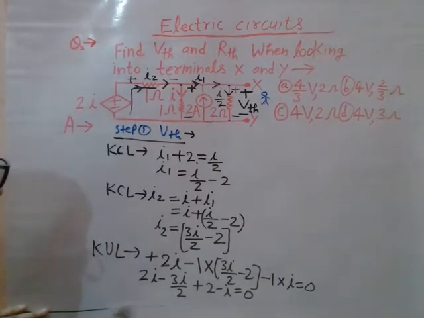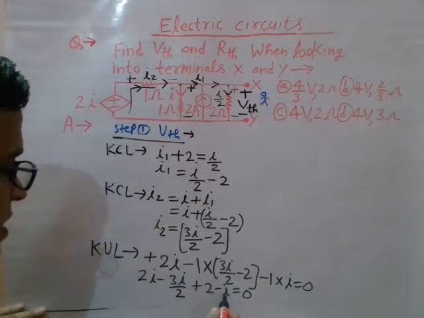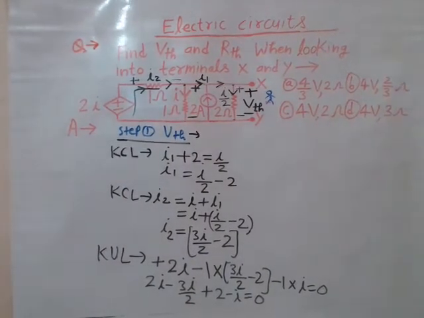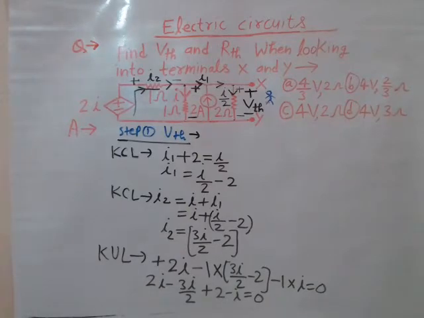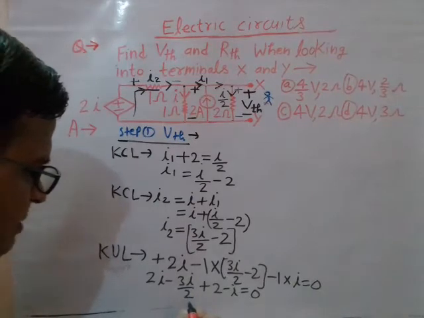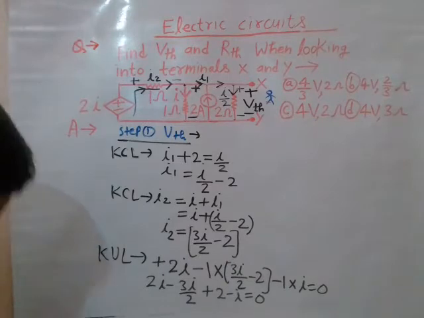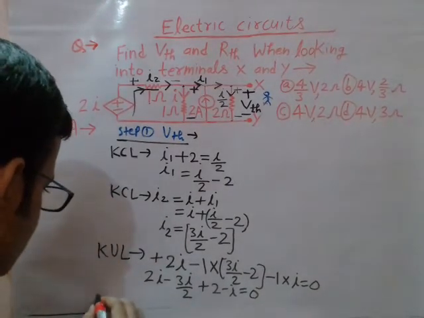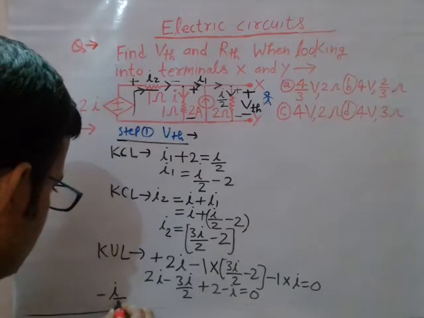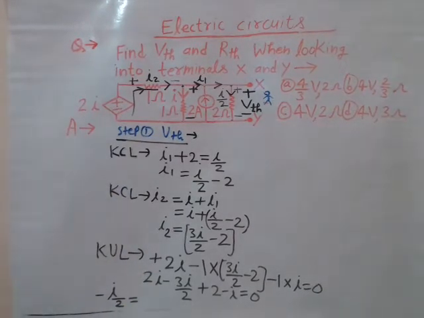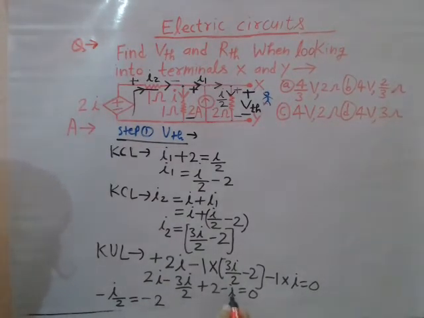Or you can solve this: 2I minus I minus 3I by 2. So when you solve this, you will get I minus 3I by 2, right? I minus 3I by 2 is equal to minus 2, or you can write minus I by 2 is equal to minus 2. 2I minus I minus 3I by 2 is minus I by 2.